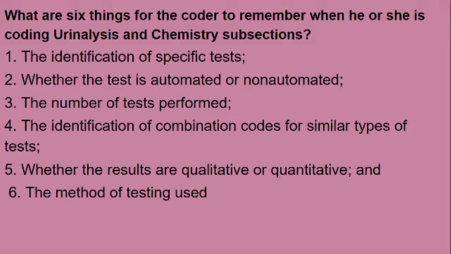The identification of specific tests, whether the test is automated or non-automated, the number of tests performed, the identification of combination codes for similar types of tests, whether the results are qualitative or quantitative, and the method of testing used.